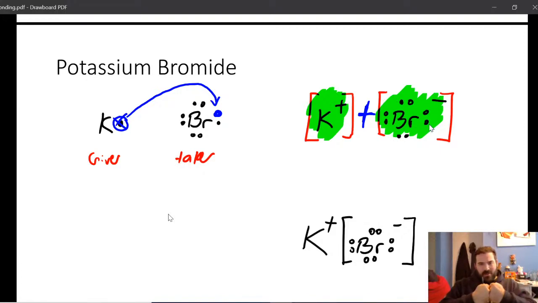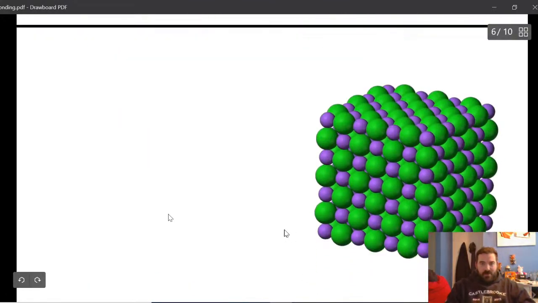The stronger the magnet, the harder it is to pull it away. These are very strong charges, +1 and -1, and so they tend to stick together. And what happens is I have this potassium bromide now. 1, 2, 3, 4, 5, 6, 7, 8.